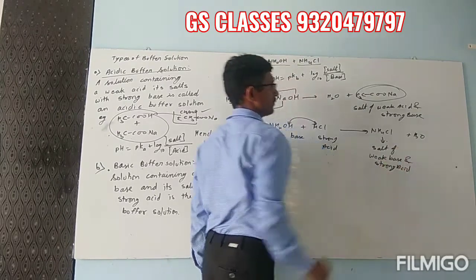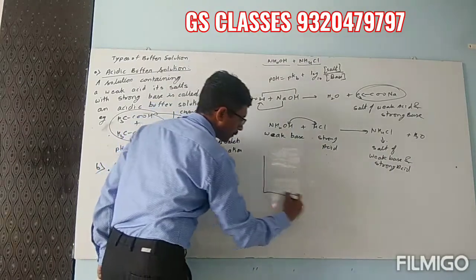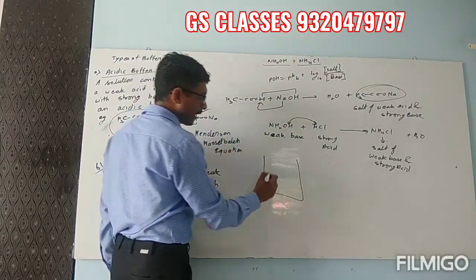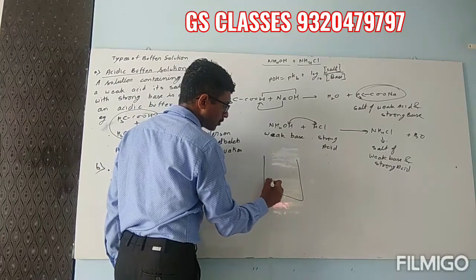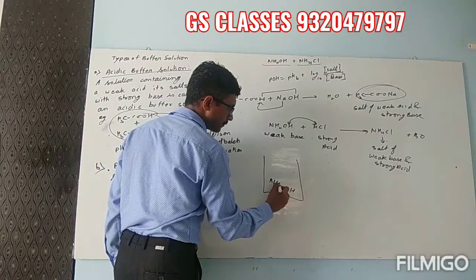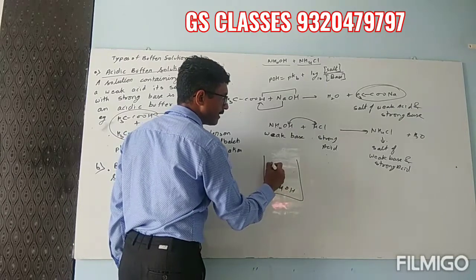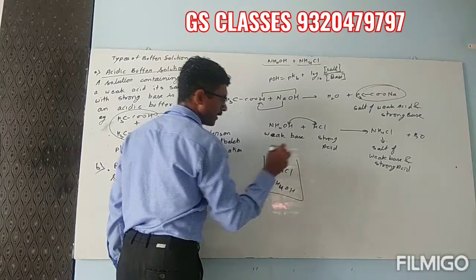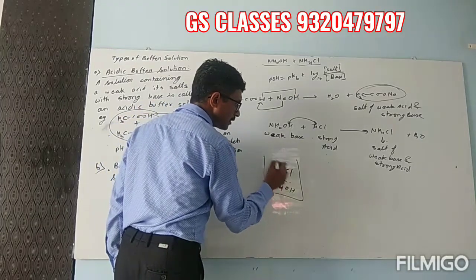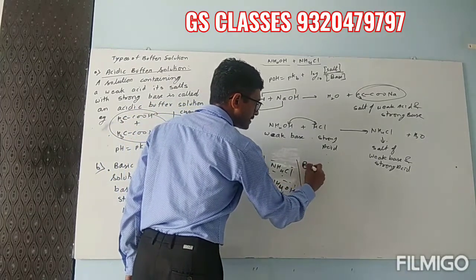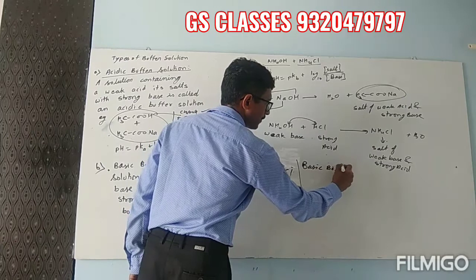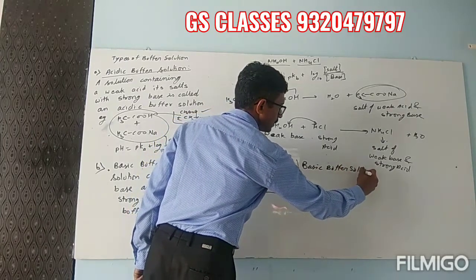And if I have to prepare a basic solution, I will add some amount of ammonium hydroxide, and after adding ammonium hydroxide, I will add ammonium chloride. And now this solution is known as the basic buffer solution.